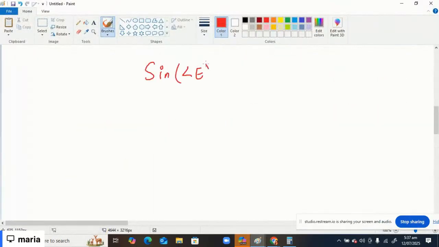The angle that is given is angle E. Sine is equal to opposite over hypotenuse.